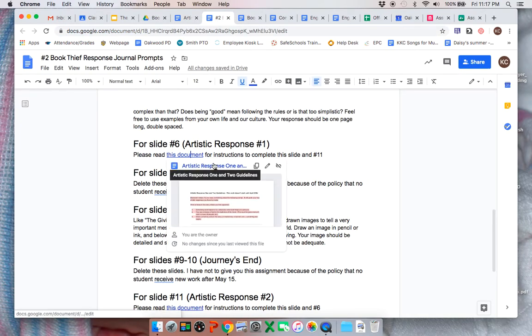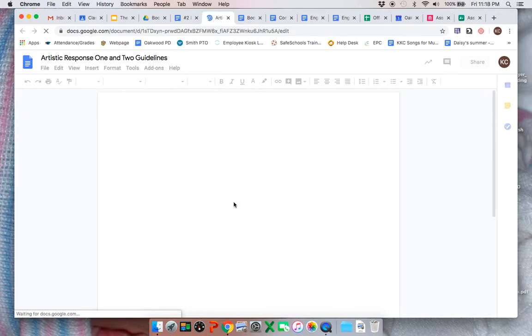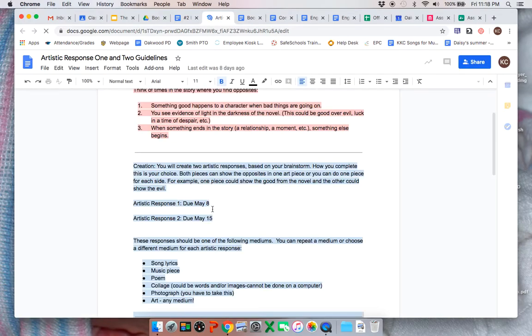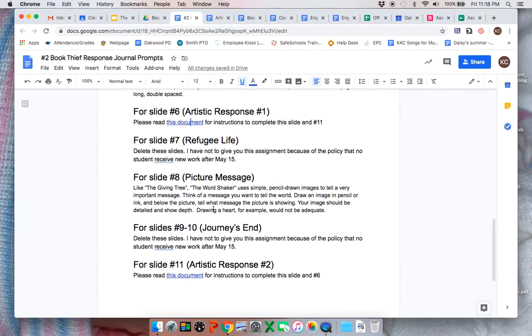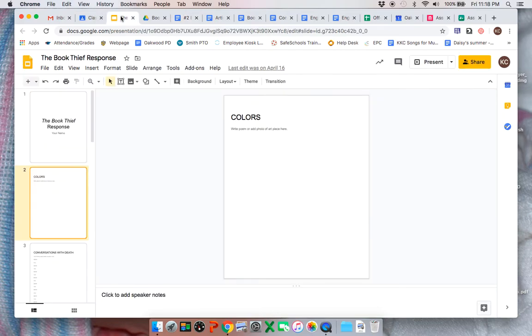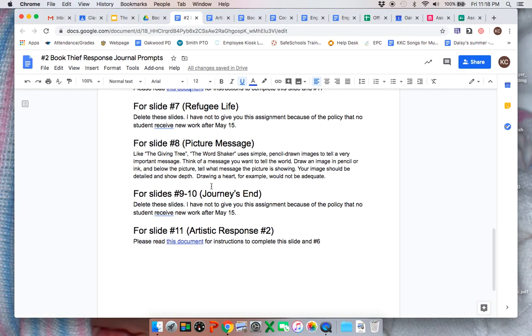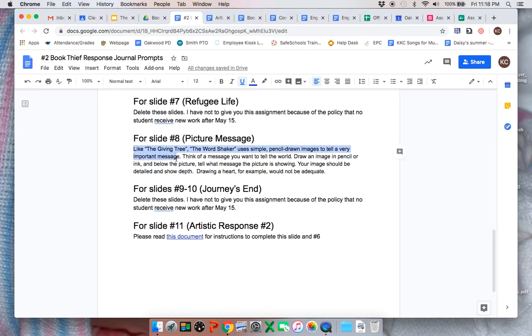If you just go to here, it will show you what to do for the artistic response number 1 that's due on May the 8th. This is your new document right here because it tells you everything that goes in this Book Thief Response document. It goes through each slide and tells you what should be there. So the one that's due on Friday this week, here's the prompt for it.